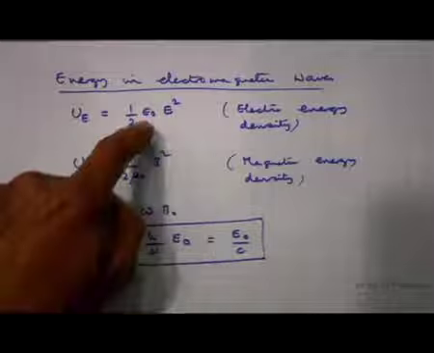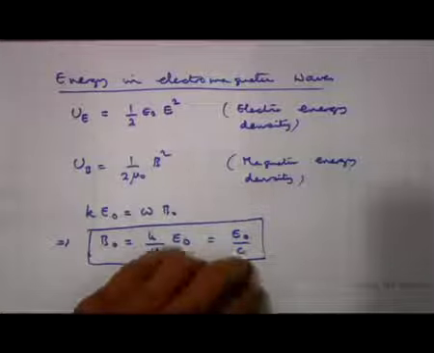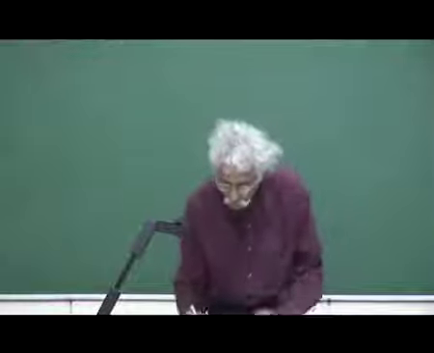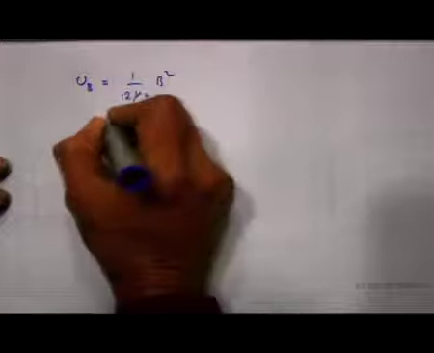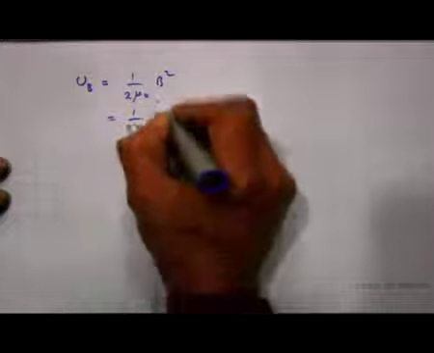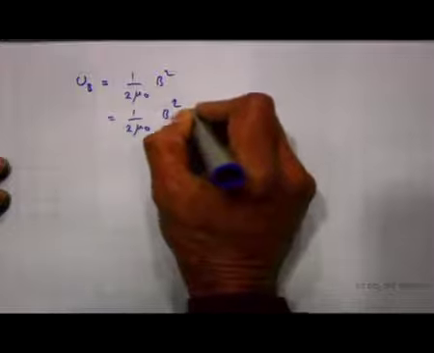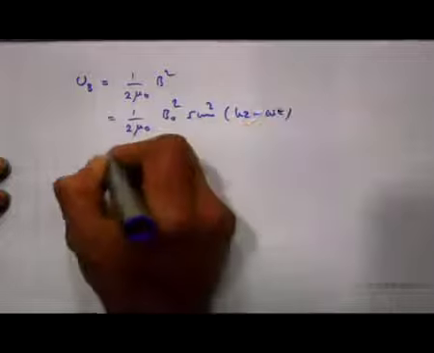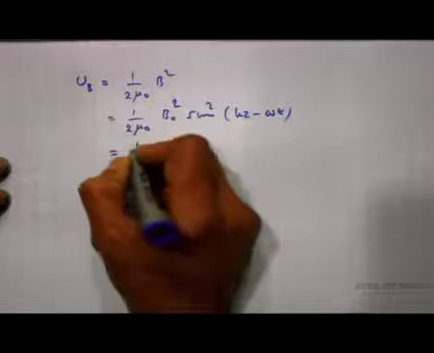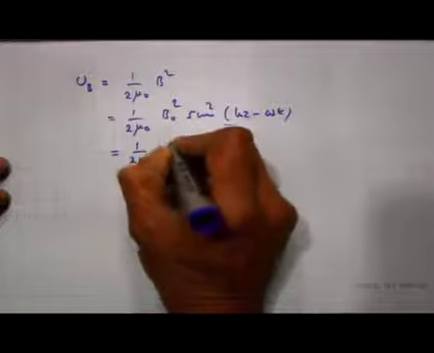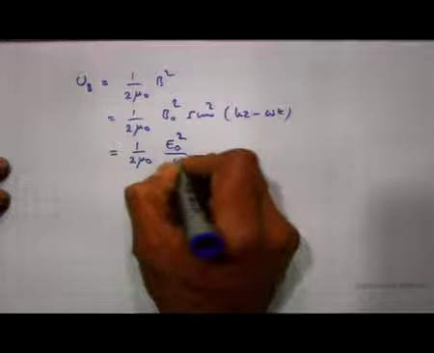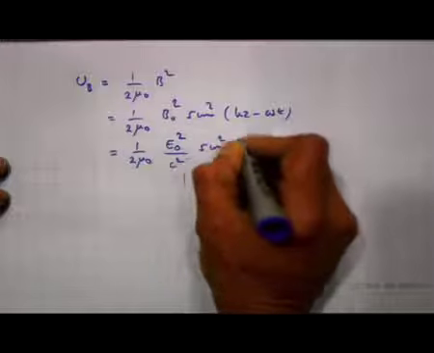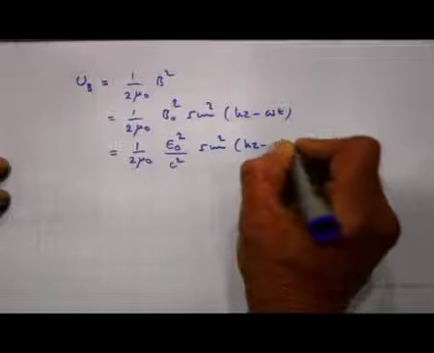So, let me substitute this here, for example, and what I get is u b becomes equal to, u b was 1 by 2 mu 0 B square, which is equal to 1 by 2 mu 0 B naught square sin square (k z minus omega t). Now, B naught was E naught by c, so this is 1 by 2 mu naught E naught square by c square sin square (k z minus omega t).